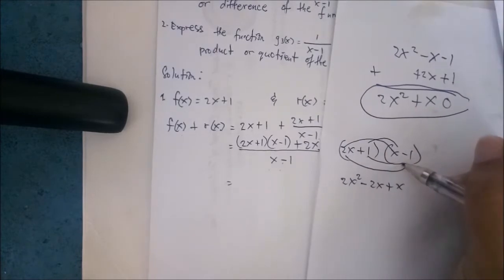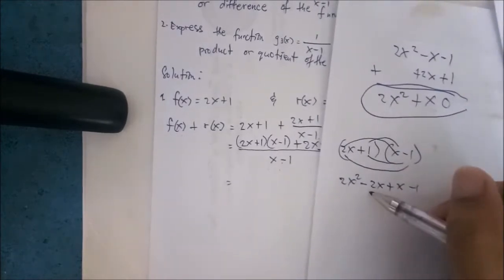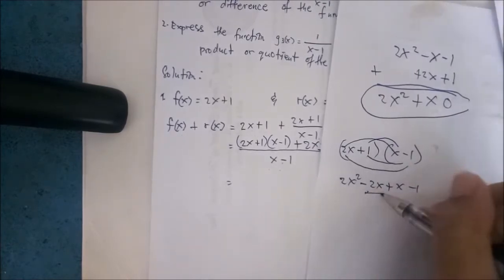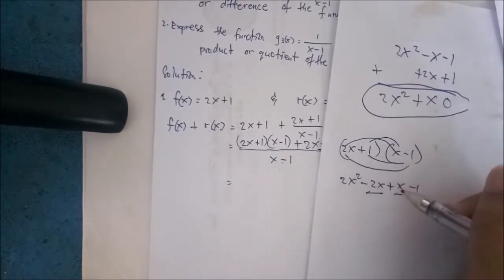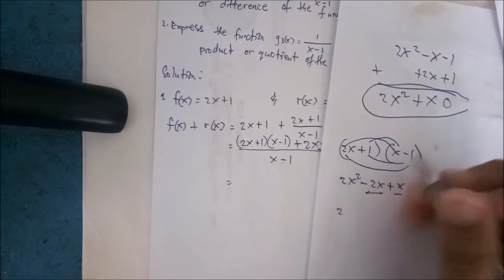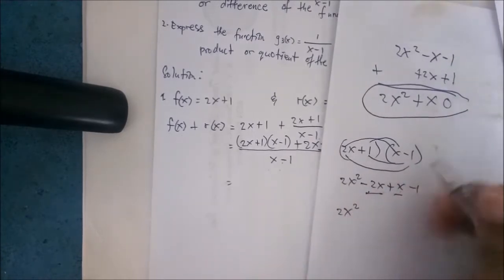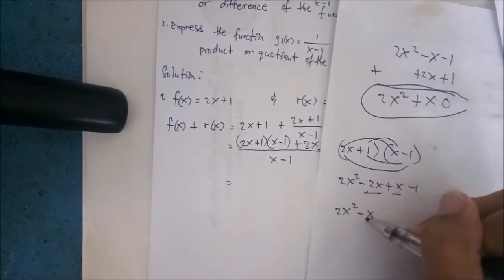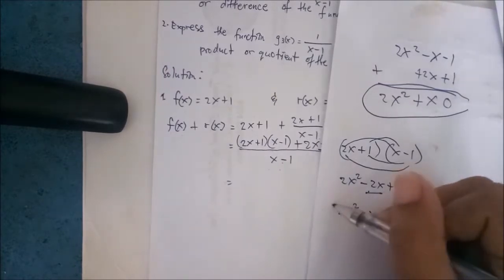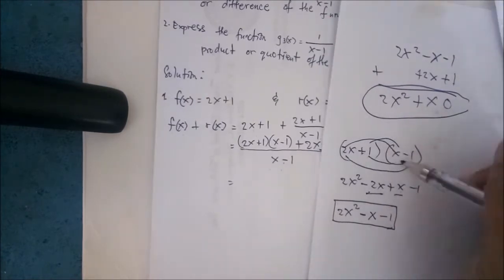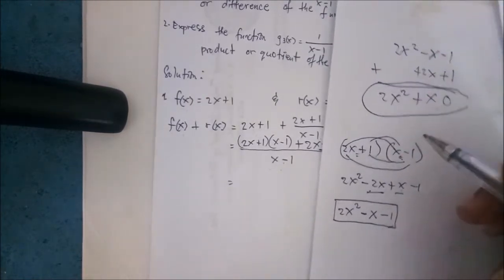Then 1 times negative 1 equals negative 1. Negative 2x and x are like terms; since they have different signs, subtract. The final answer of the multiplication is 2x squared minus x minus 1.